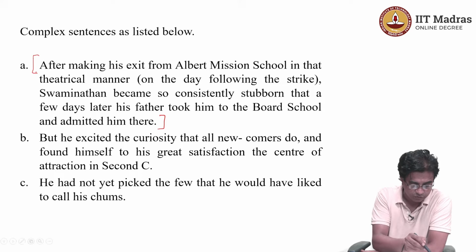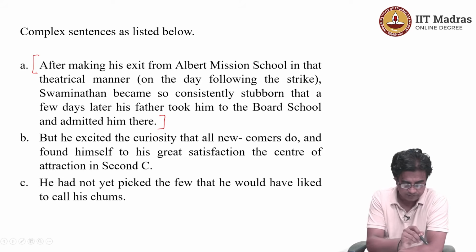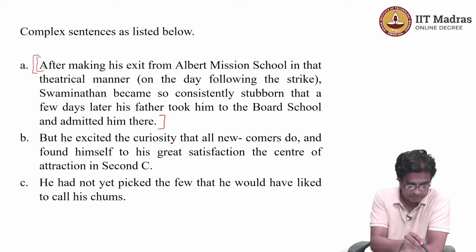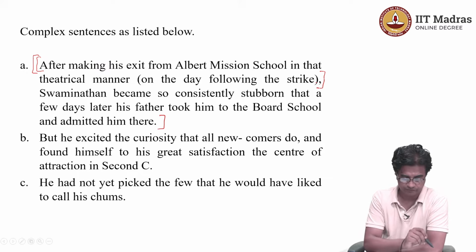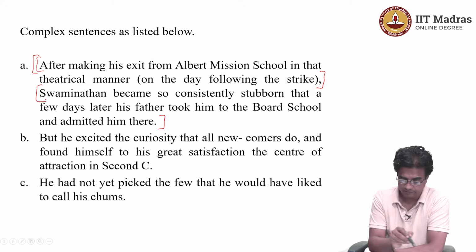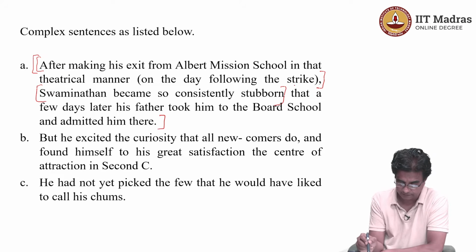It has only one full stop, but if you identify clauses within this, you will find this as one. Swaminathan became consistently stubborn is another one. That a few days later his father took him to the board school and admitted him there.